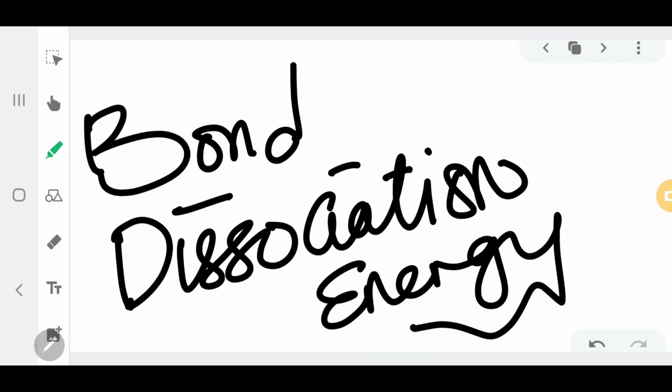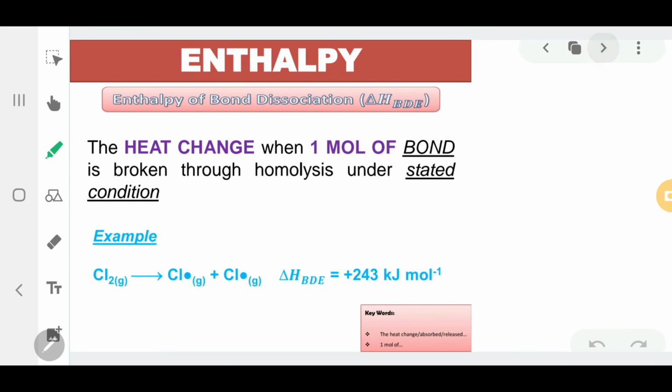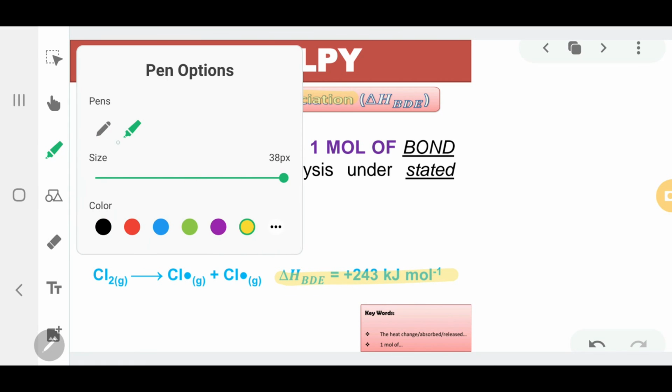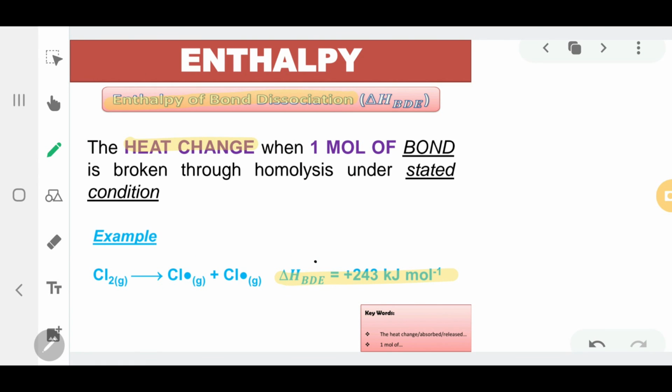Now, the last one for this video is about bond dissociation energy, or BDE. So bond dissociation energy is defined as the heat change. Sometimes you need to absorb heat, sometimes you need to release heat. In the example that we have over here, the bond dissociation energy happens to be an endothermic process.